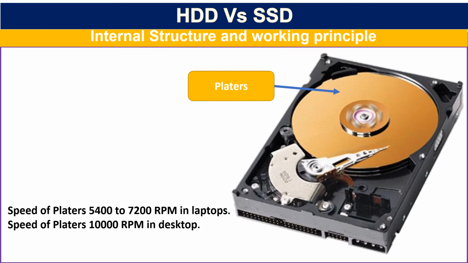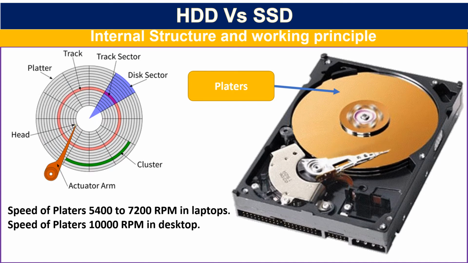In these hard disk drives, the data is stored magnetically on the platters by using the head. The data is stored in the form of tracks and sectors on the platter. The main reason behind the slow access time of hard disk drives is the involvement of moving parts and the limitation of the speed at which data can be written and read.